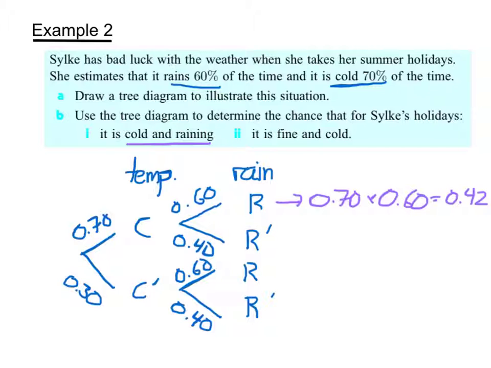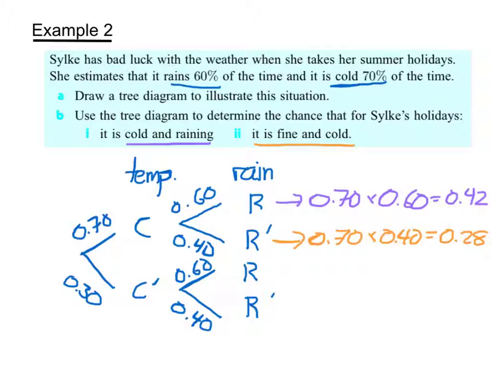And then we want to find out if it's going to be fine or good temperature, no rain, and cold. So in this case, we want to follow the branch where it's cold and not raining. And so we want to multiply 0.7 by 0.4, and in this case we get 0.28.